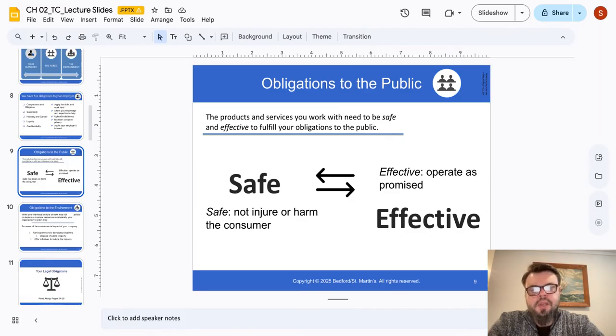For technical communicators, this means that instructions, manuals, warnings, and descriptions are not just informational. They are ethical documents. When communication fails, people can be injured, misled, or financially harmed. Ethical writing helps prevent that.